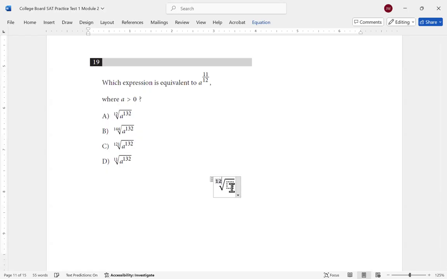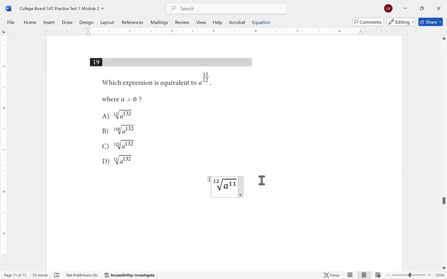So if we're talking about 12th roots, it'd be A to the 11th power. And that means obviously option A doesn't work because that's the 12th root of A to the 132.